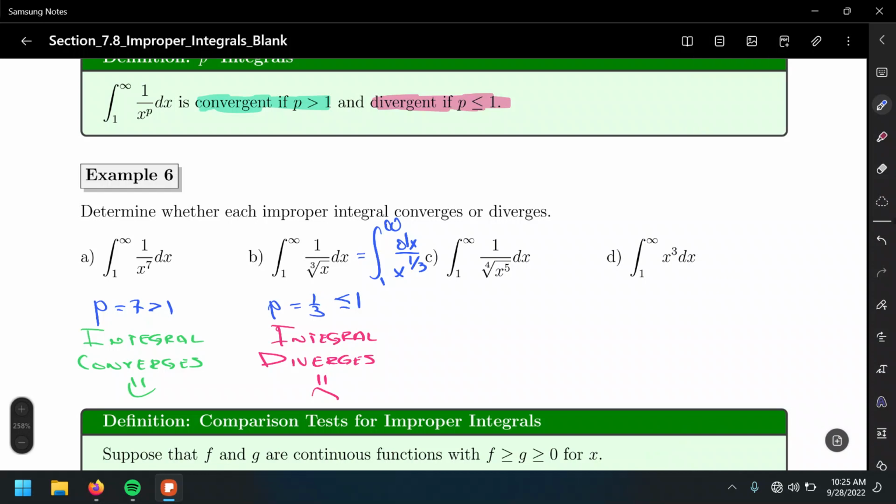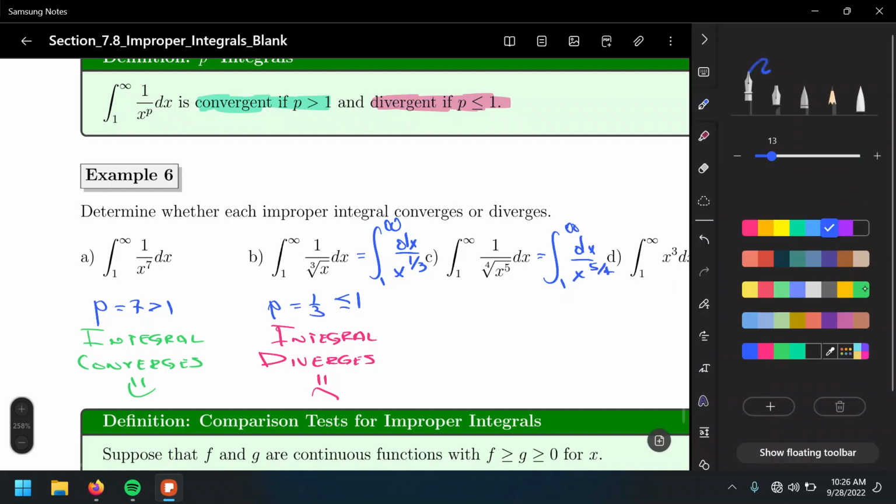Letter C. Integral from 1 to infinity of 1 over the 4th root of x to the 5th. Again, we need to rewrite this in the form of a rational exponent. That's the integral from 1 to infinity dx over x to the 5/4. Now, let's observe this.